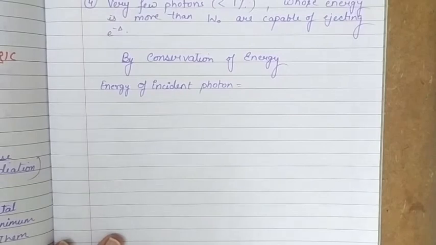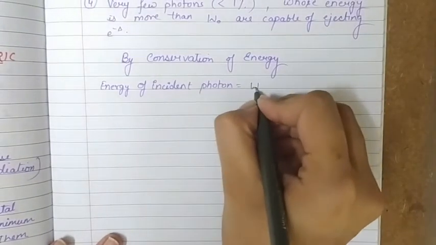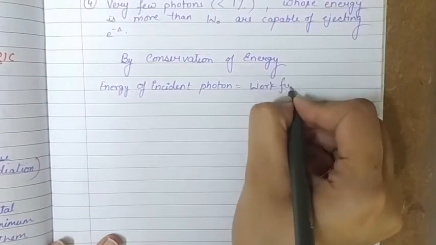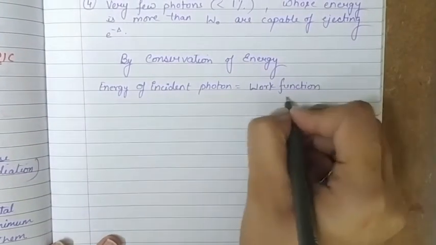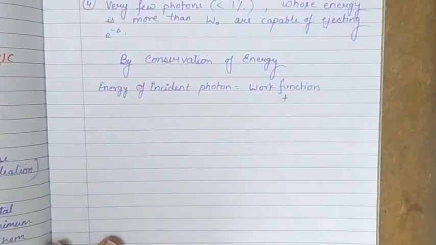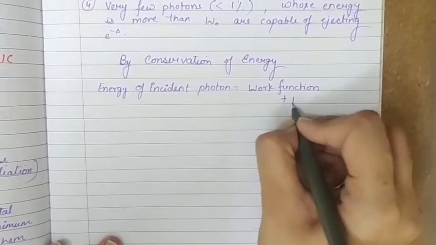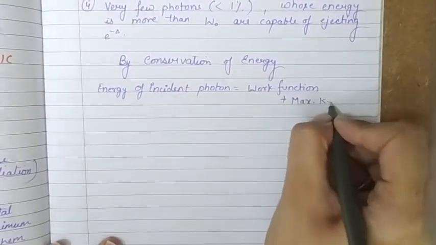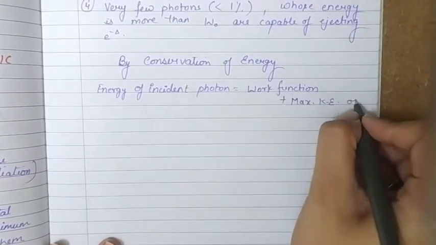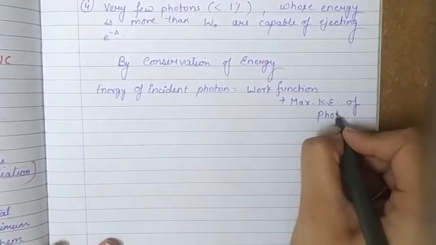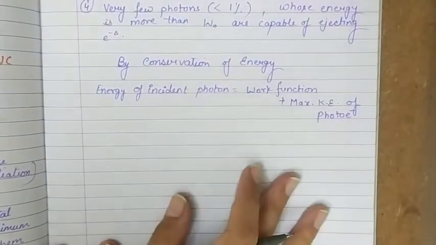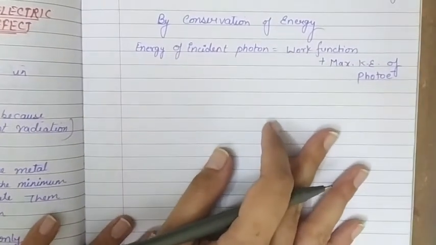The first purpose is to eject the electron from the metal surface, and that part of the energy is equal to the work function, plus the second purpose, the remaining part, which is used in the form of kinetic energy. So it is equal to the maximum kinetic energy that can be given to that photoelectron, as per the conservation of energy.